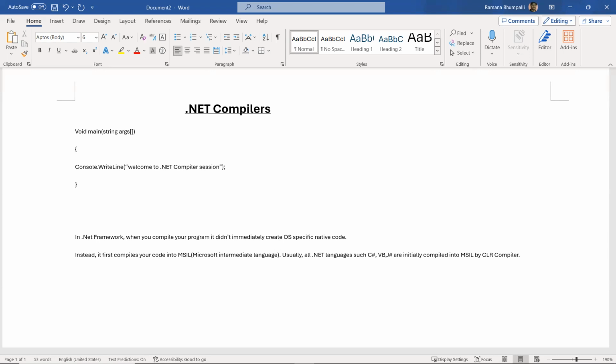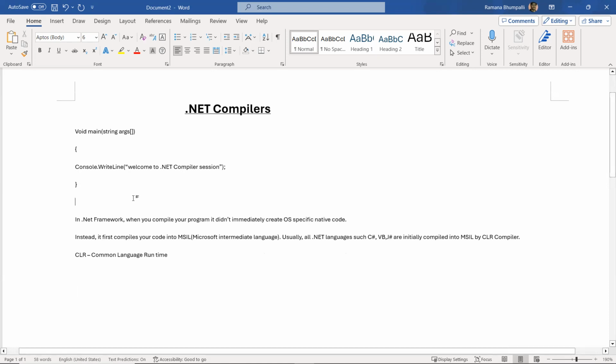What is this CLR compiler? CLR is nothing but Common Language Runtime. That means we have a common language runtime for a .NET program, which takes your program, takes the ownership of the program, and then converts it into MSIL. The .NET languages conform to the CLR and use their corresponding runtime.